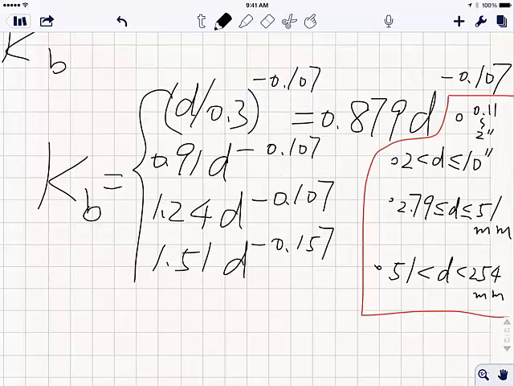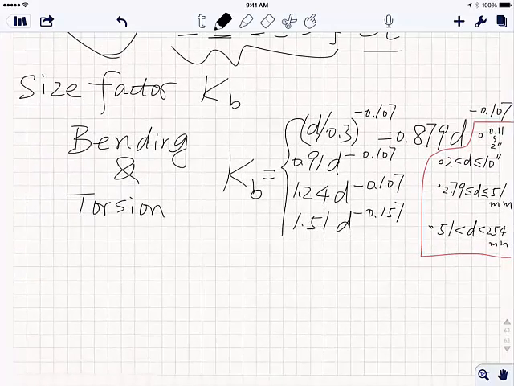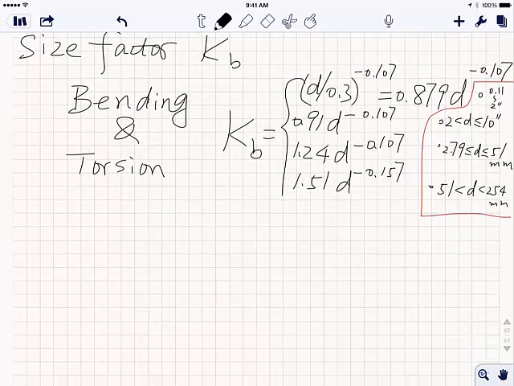Okay, so depending on your shaft diameter, you have different modification factors for size when the beam is in bending and torsion, right? Now, if you have axial loading, in other words, tension or compression, right?